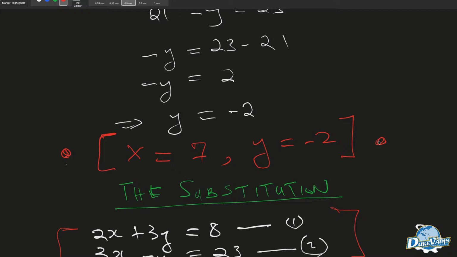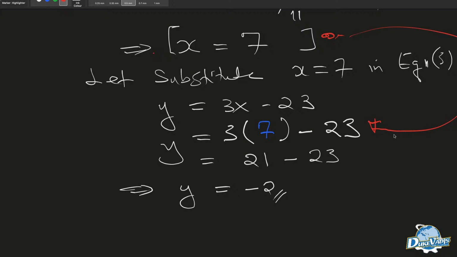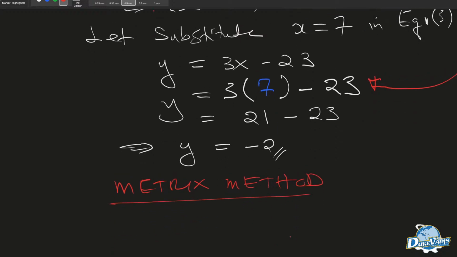Now, I think we have to look at it from the matrix point of view as well. So let's see with the matrix method. Yeah, the same equation; we are not reinventing the wheel. So by the matrix method, what is the equation?